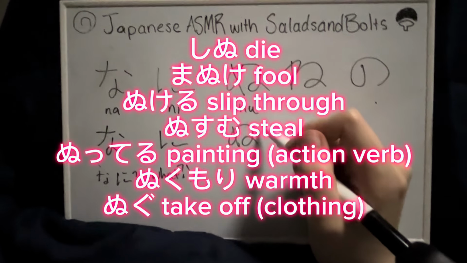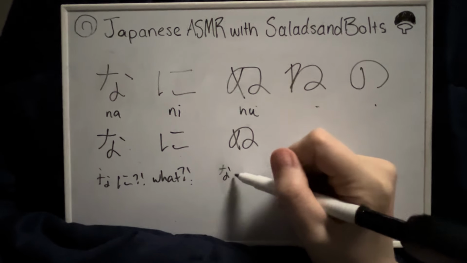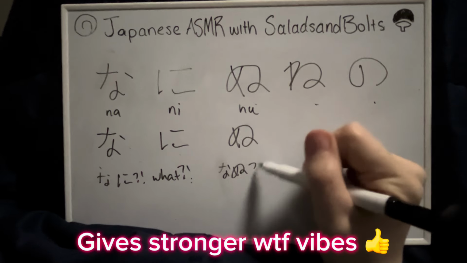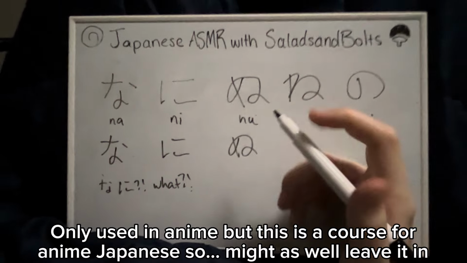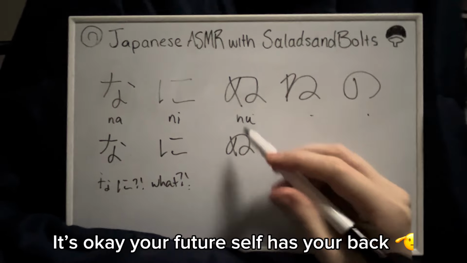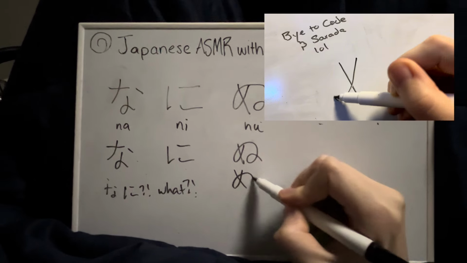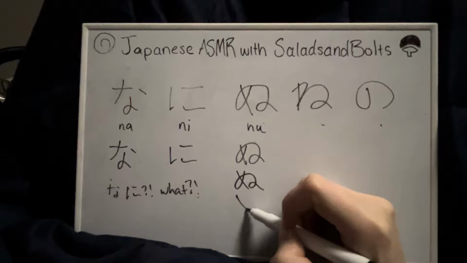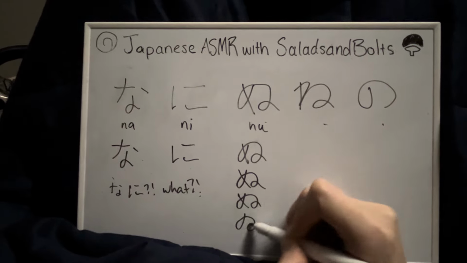I can't really think of anything besides when people say nande instead of nani, which is a little bit more of a reaction. The way you write it is 1, 2, and it's all 1, 2. So this looks like a 1, and this looks like a really big 2.